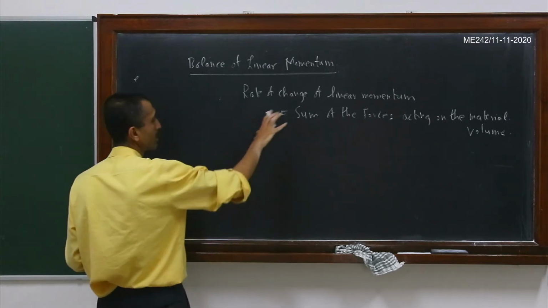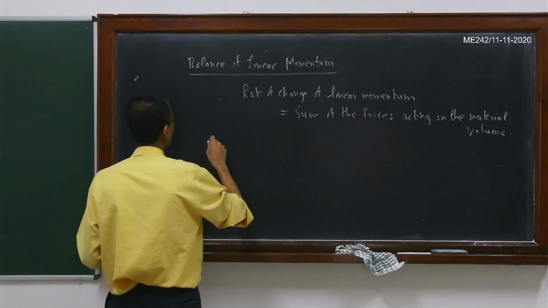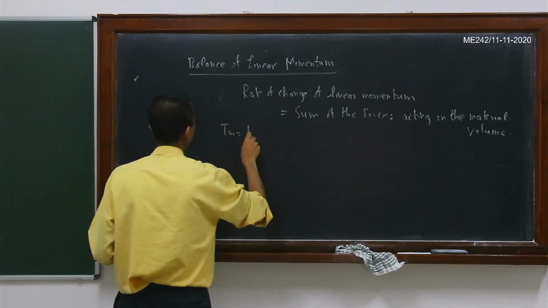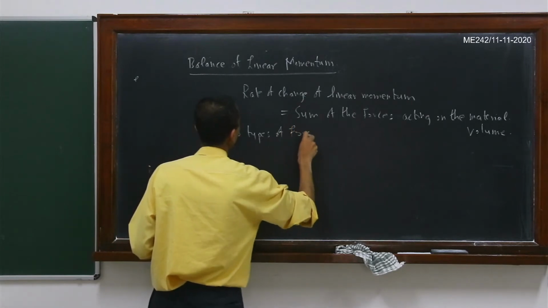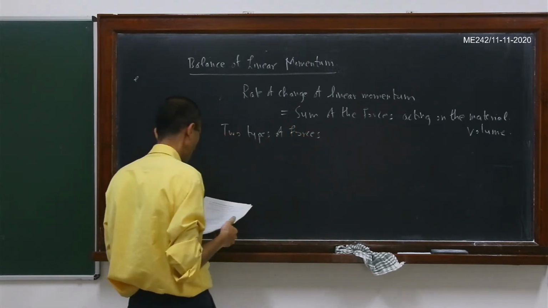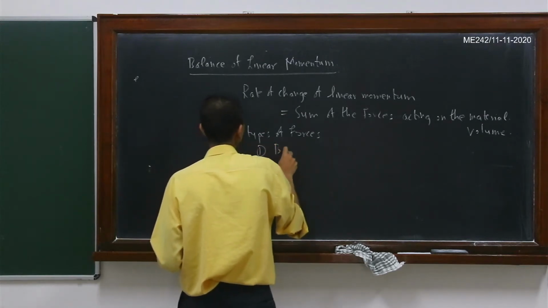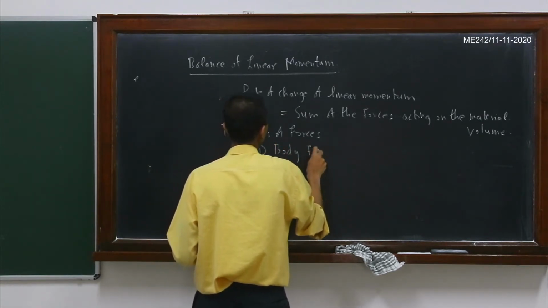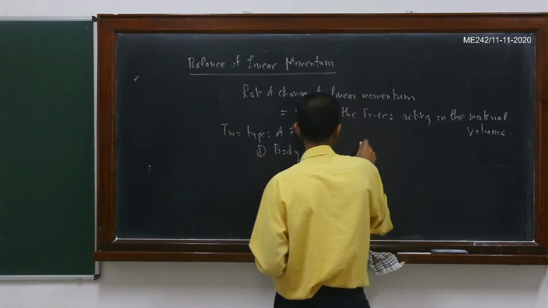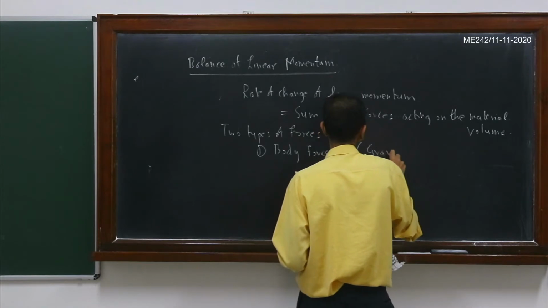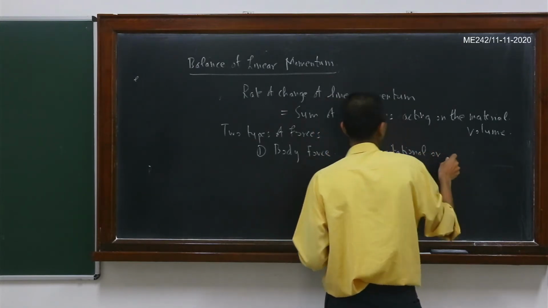So let us first discuss what we mean by these forces that are acting on the material volume. So there are two types of forces that can act on the material volume. So one is body force. So this could be like gravitational force, or electromagnetic force.